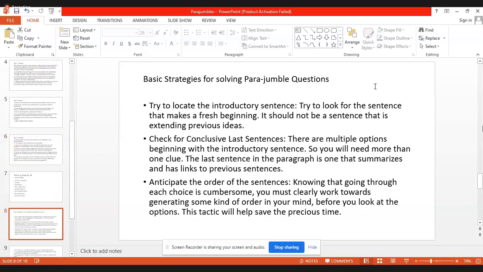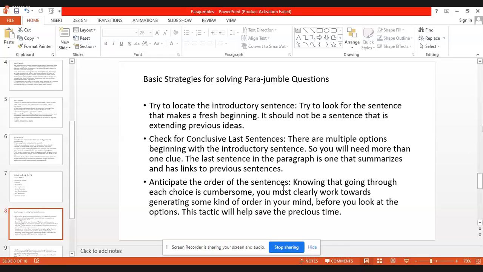Now, there are certain basic strategies for solving parajumble questions, right? Number one, let me tell you, I don't have this in place because I've not written it on this PPT, but I'm telling you otherwise, that you can always let the answer options guide you. For example, there are three answer options given to you.